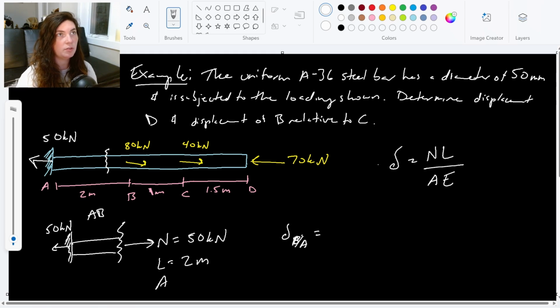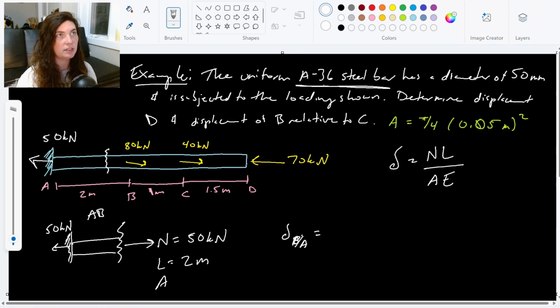The area of the bar is constant throughout, so I might as well just write that in a note to myself. Area is going to be pi over 4 times 0.05 meters, squared. That is going to be my area for all of these, since the bar has a constant area throughout. And then I need my modulus of elasticity E for my bar, which is not given here, but it does give me the material.